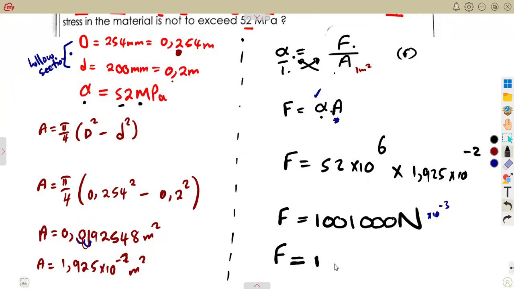So it was going to be 1,001 kilonewton. Like I said, the conversions of your area will make just a slight difference, because of how you round off your values.